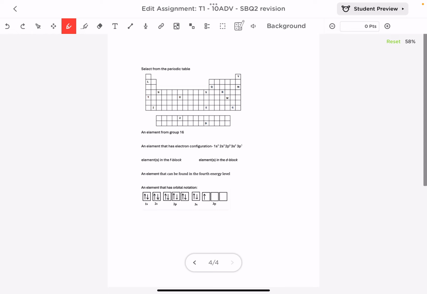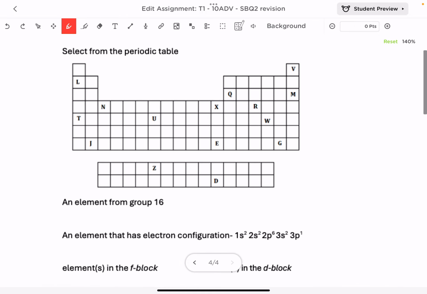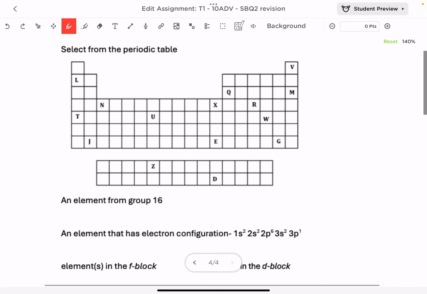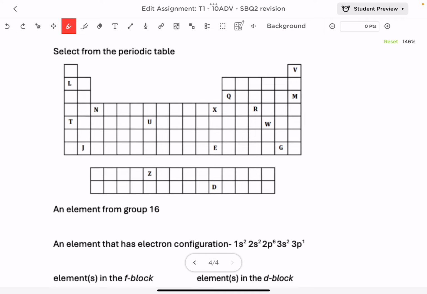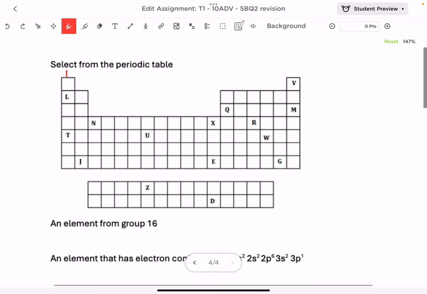Now, the last question for this session is when you have, here's an example, you have a periodic table and there are questions about this periodic table to select from it. So, first, when you get a question like this, write the groups 1, 2, 3, 4, 5, 6, 7, 8, 9, 10, 11, 12, group 13, 14, 15, 16, 17, 18.